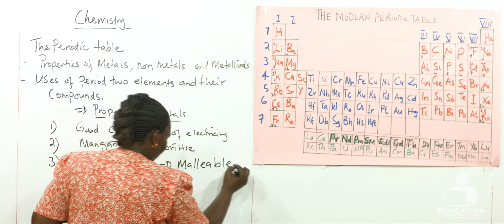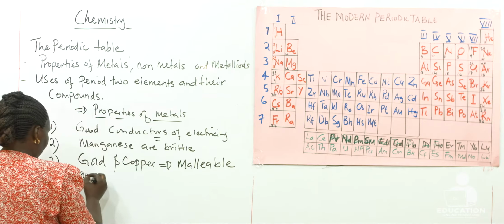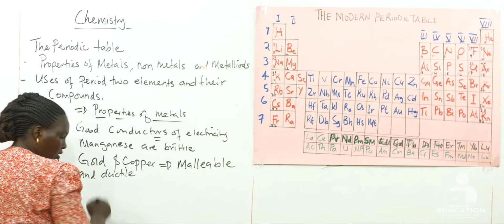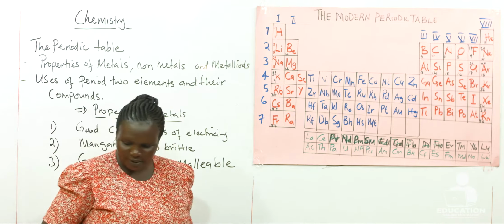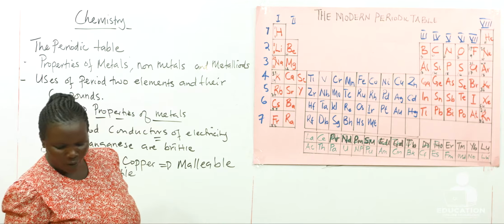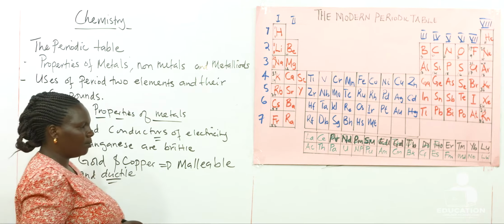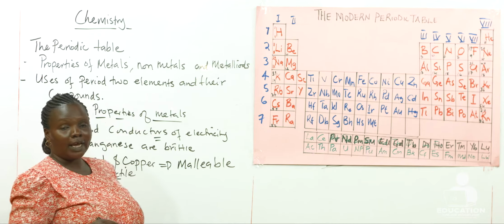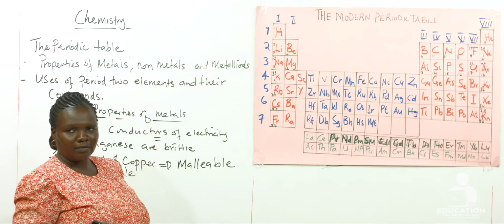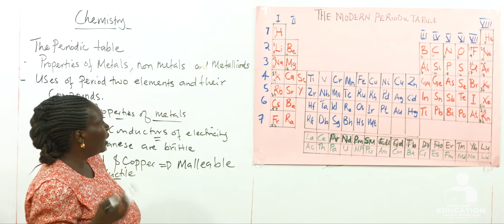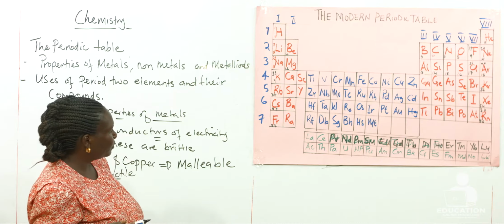By ductile we mean you can squeeze them into a wire, like iron, for example. Iron can be squeezed to give us electrical wires.